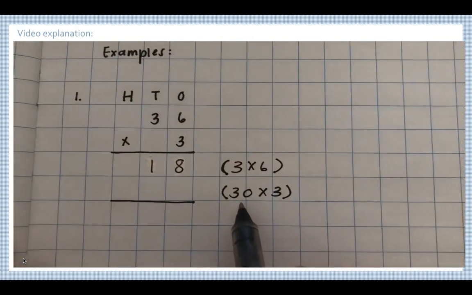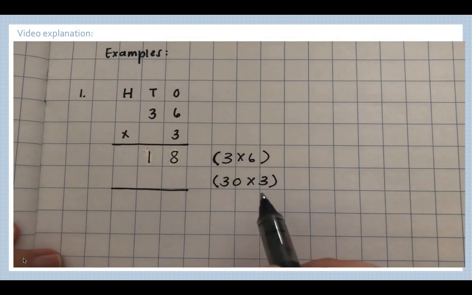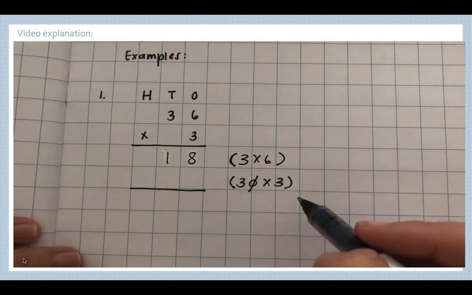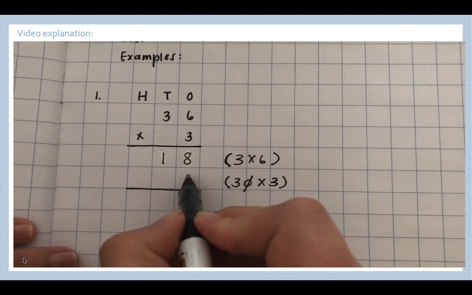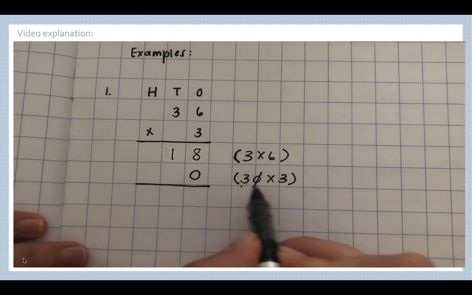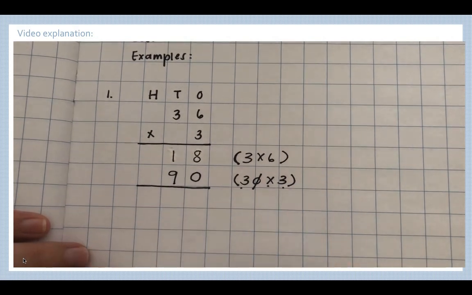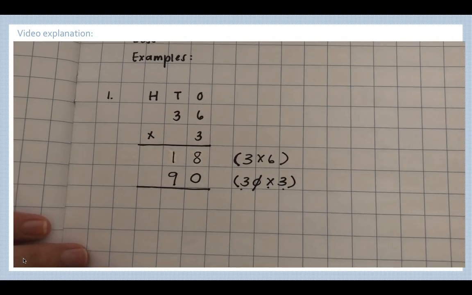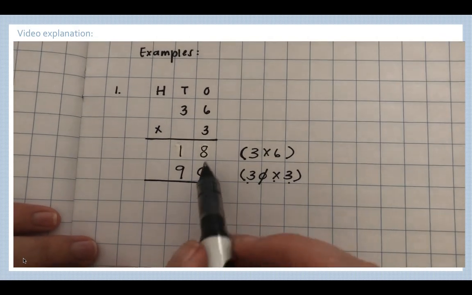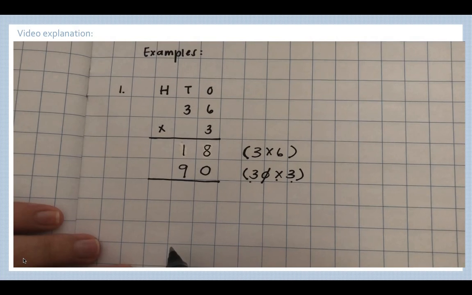Now, I'm going to teach you a trick that always helps me remember how to do this. I'm going to forget about my 0 just for 1 second, and I'm going to move it here. So it's easier for me to say 3 times 3, which I know is 9. Now the last and final step that you have to do is to use column addition to add these numbers together.